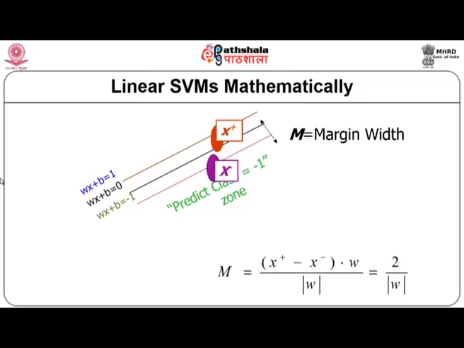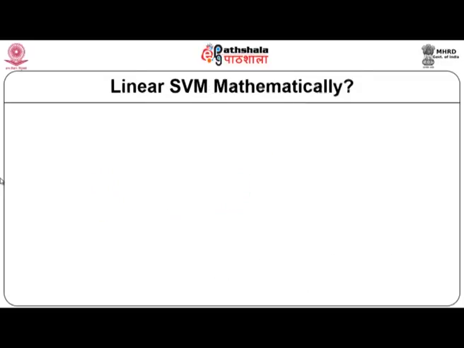The margin is defined as x plus, that is the samples on the positive side, minus x minus, the samples on the negative side, into w divided by the modulus of w, which is equal to 2 by w. So, you will get this as 2 by w, this is called the margin.